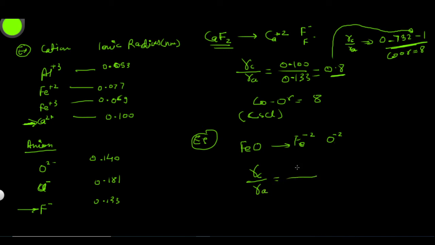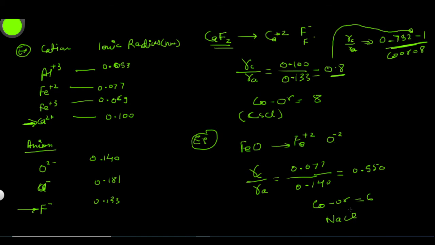So radius of Fe+2 is 0.077, and the radius of anion is 0.140, and this value is 0.55. Hence the radius of cation versus radius of anion is 0.55, so coordination number will be 6. And an example of this type is NaCl, sodium chloride.